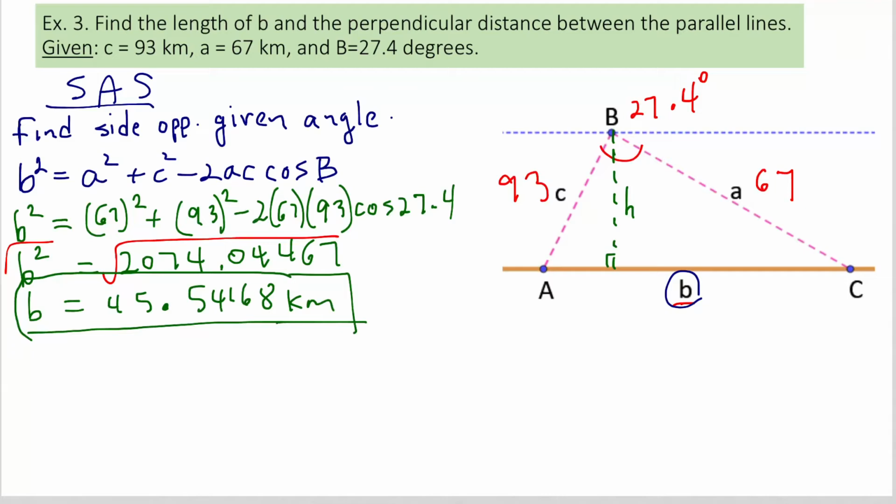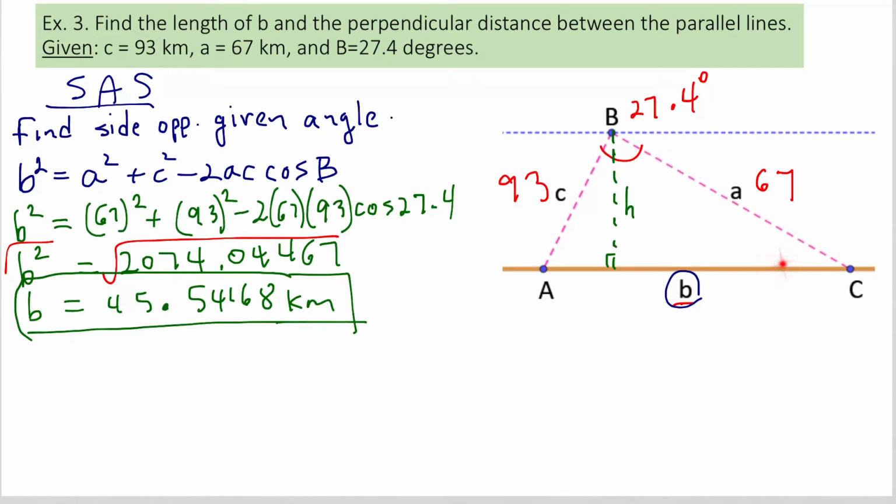Now we want to find the length of H. So here's H, and that's going to be a side of either this right triangle or this right triangle here. In order to utilize right triangle trig to find H, I would need to know one of these angles, either this angle or this angle here.